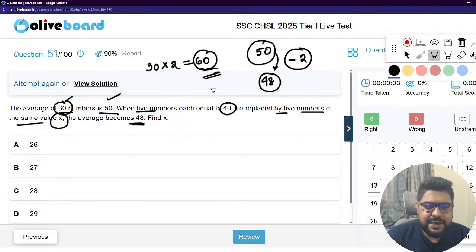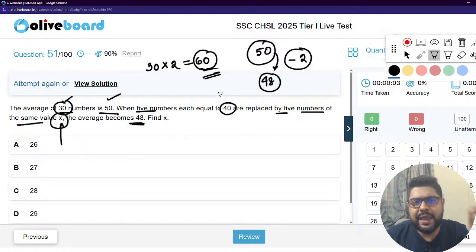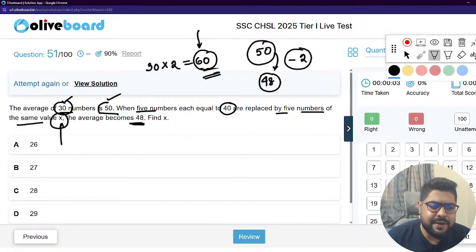Whichever the new numbers, those are x. Those 5 new numbers are the reason for this drop. So each number is how much less than the average?